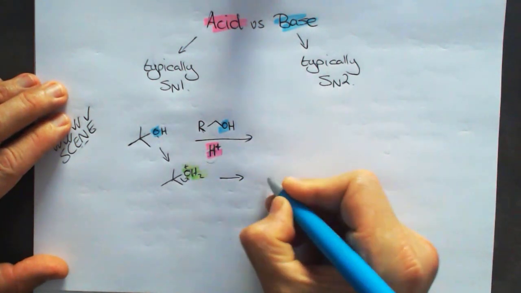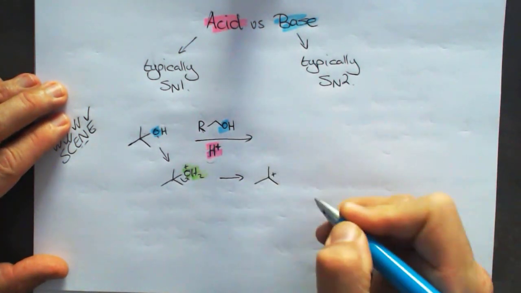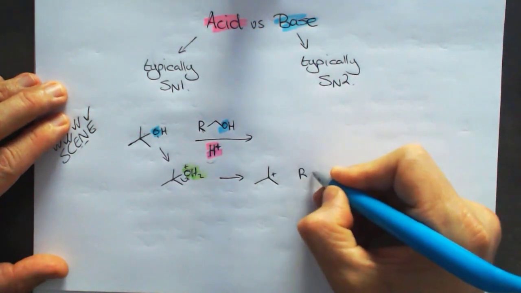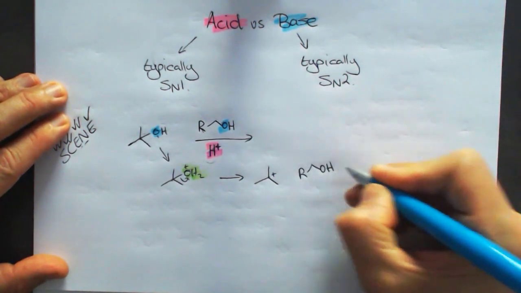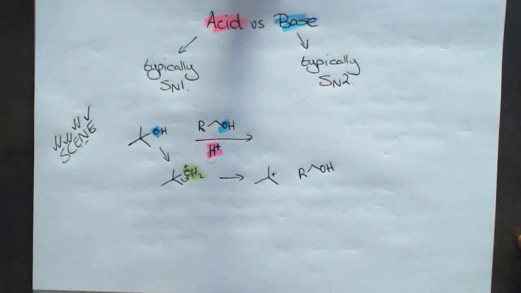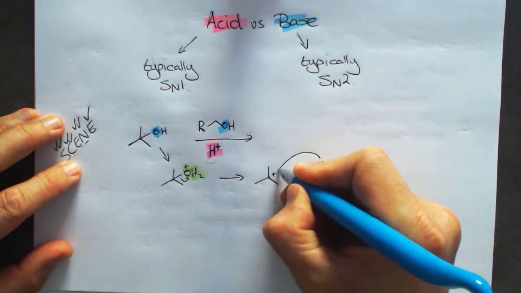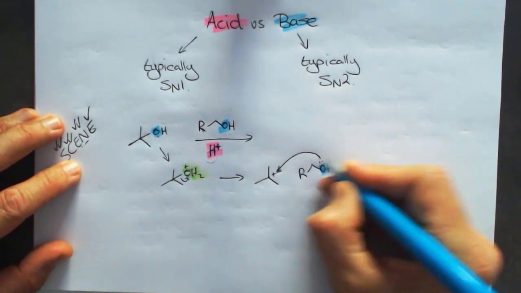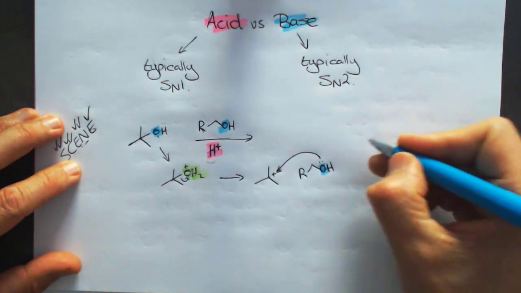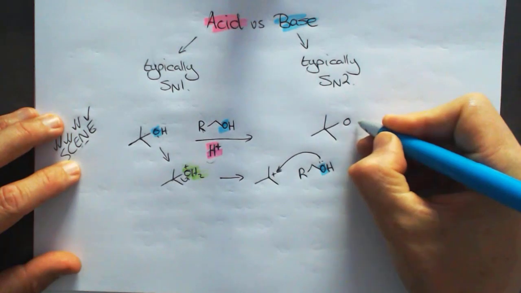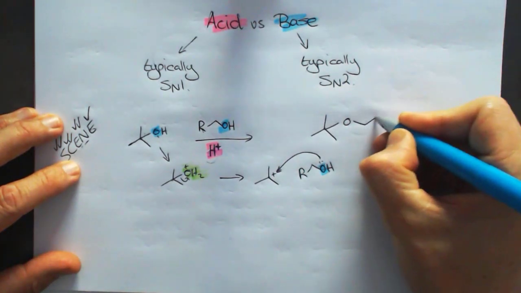This can leave, we get a tertiary carbocation being formed, and now the alcohol that was the primary alcohol can act as our nucleophile. Very rapidly, it's going to react with that carbocation to form a new bond, and we're going to get a tertiary butyl ether being formed.